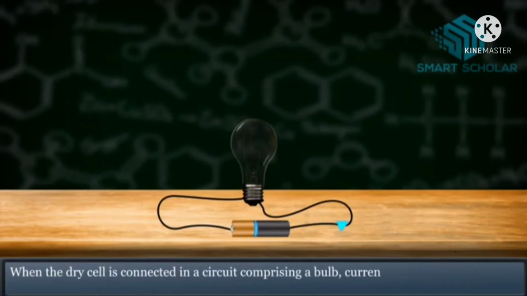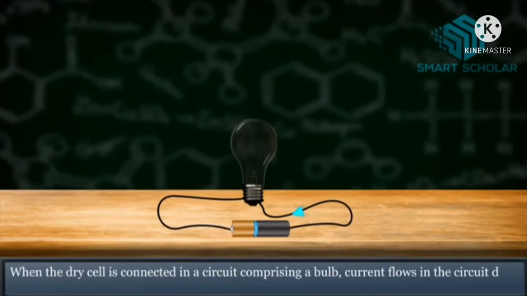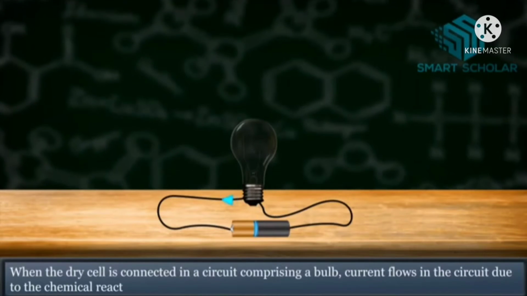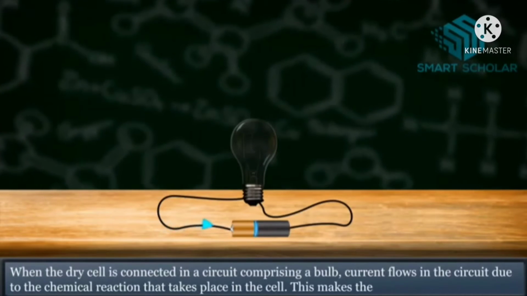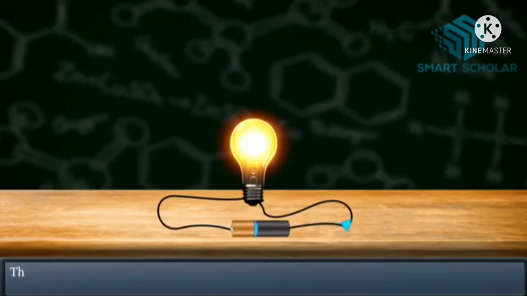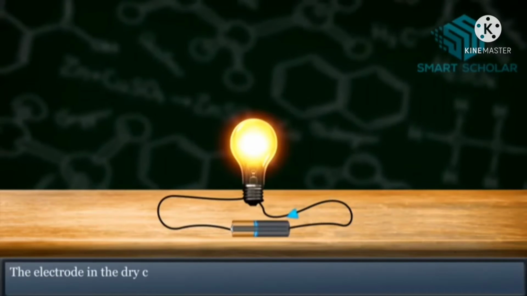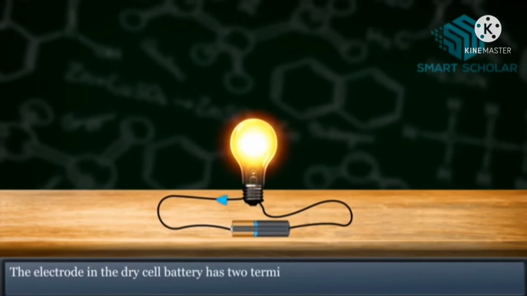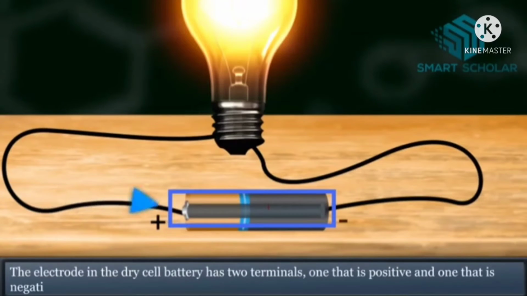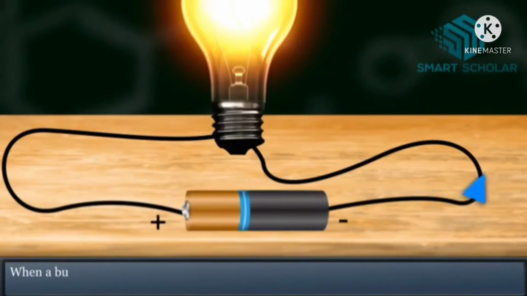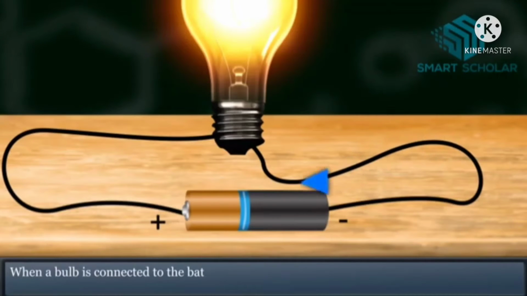When the dry cell is connected in a circuit comprising a bulb, current flows in the circuit due to the chemical reaction that takes place in the cell. So this makes the bulb glow. The dry cell battery has two terminals, one positive and one negative.